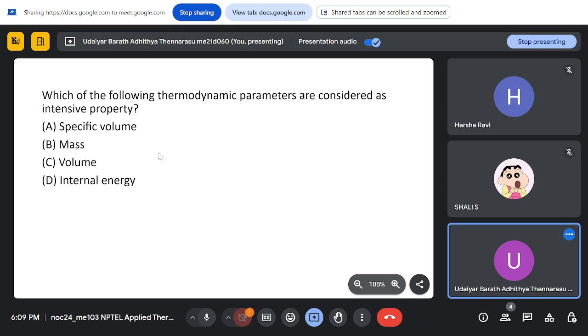So the next question is, which of the following thermodynamic parameters are considered as an intensive property? So you have 4 options. Which of these is an intensive property? A, specific volume, B, mass, C, volume, and D, internal energy.